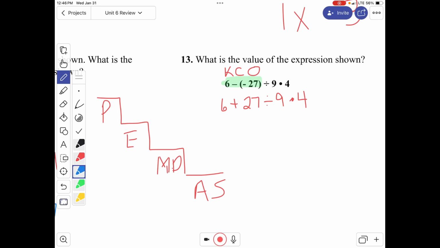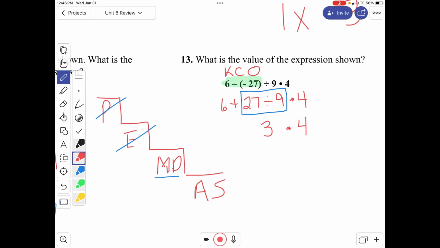So when I'm finished rewriting it, there's no parentheses, no exponents. I need to move on to multiplication and division. And remember, we do multiplication and division from left to right. So I'm going to start with 27 divided by 9 because it's on the far left. 27 divided by 9 is 3.